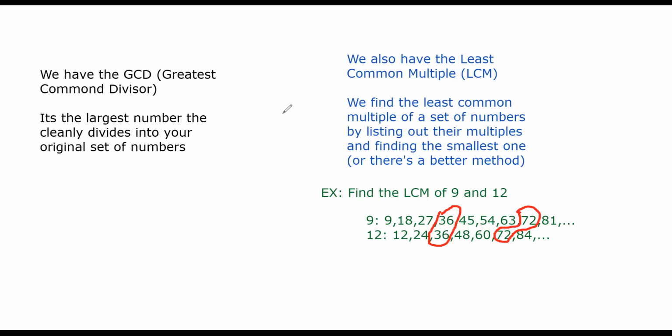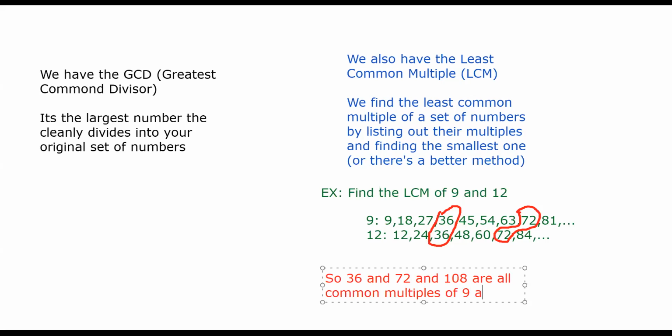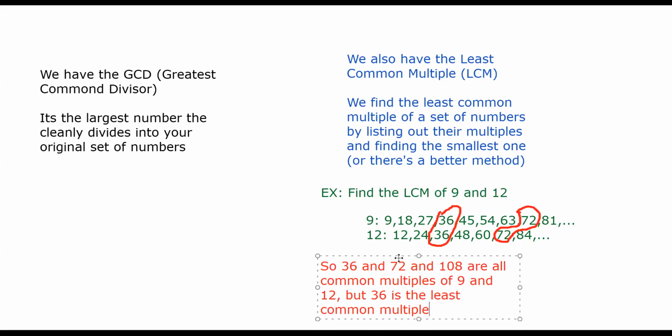And that's what 36 is. So 36 and 72 and 108 are all common multiples of 9 and 12, but 36 is the least common multiple. That just means it's the smallest.